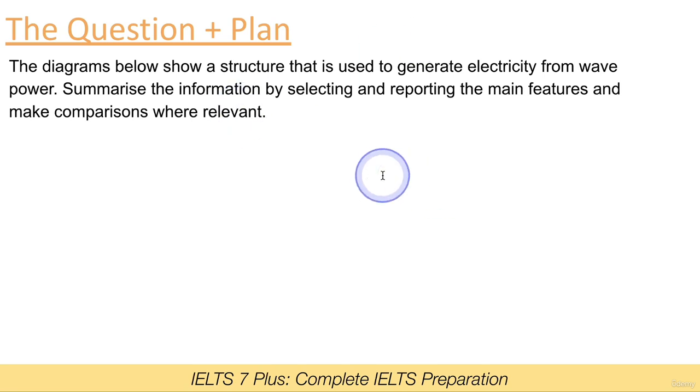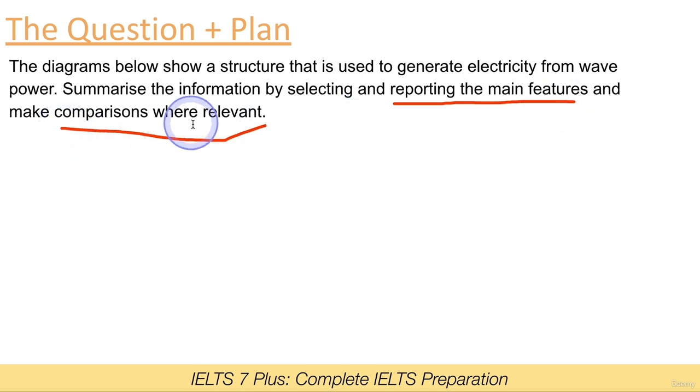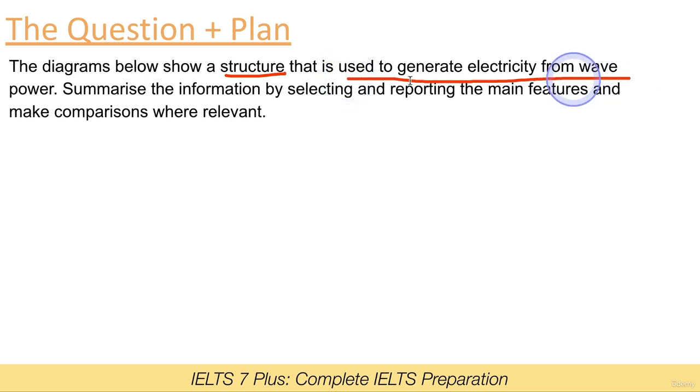So just like the first one, we're going to follow the same format. So what are we thinking about here? We are shown a structure that is used to generate electricity from wave power. That is what we are looking at.